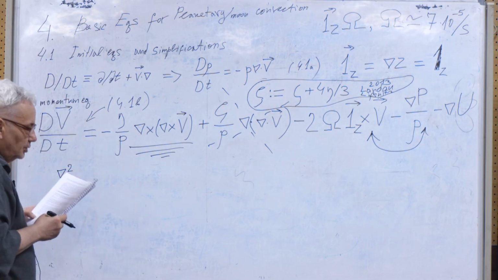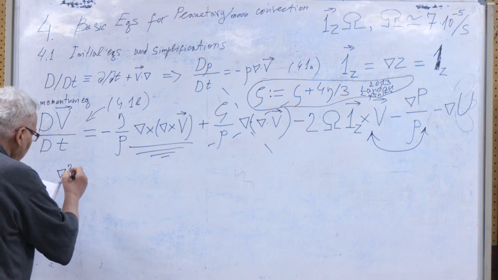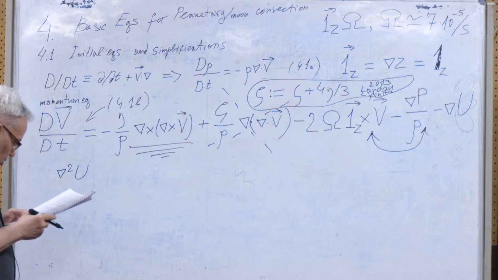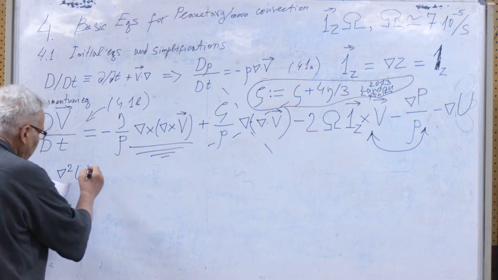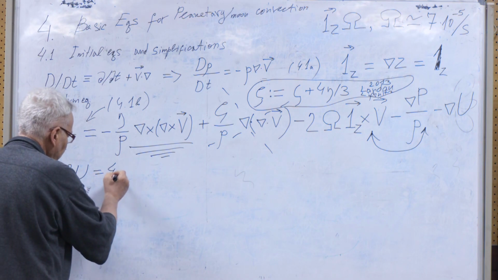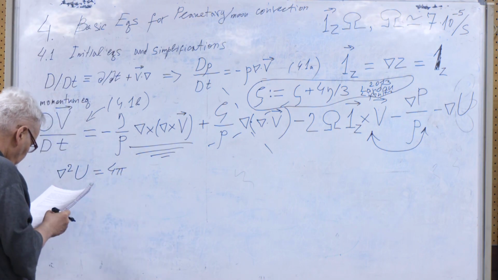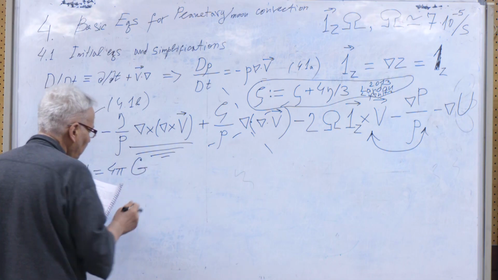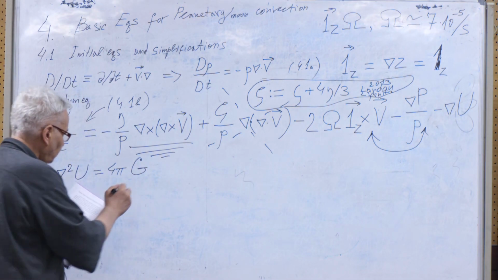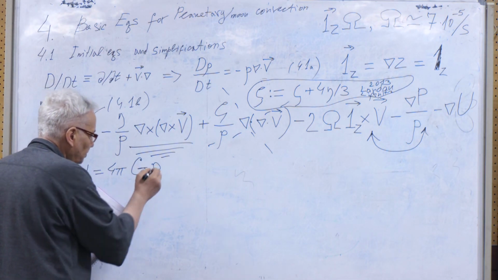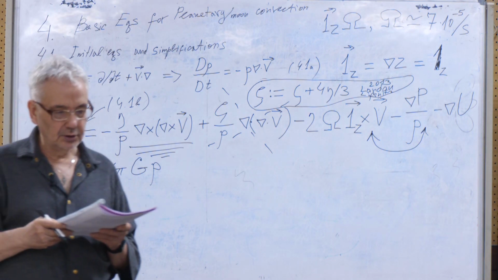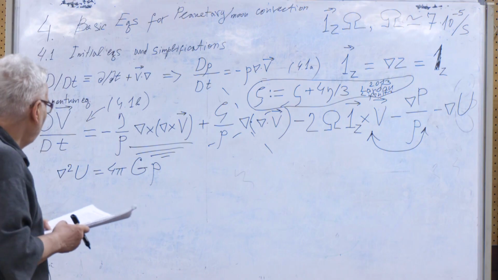There is a delta squared or nabla. In scalar cases, they are indistinguishable. And this is equal, in the SI system, to 4 pi, gravitational constant G, and rho. This is a very simple equation which the gravitational potential obeys.